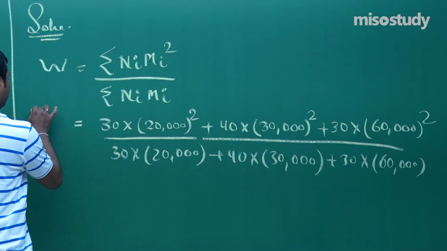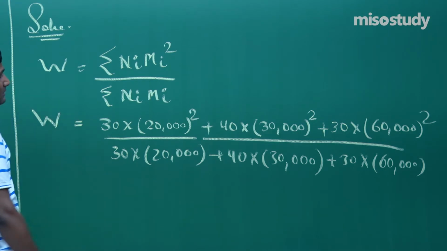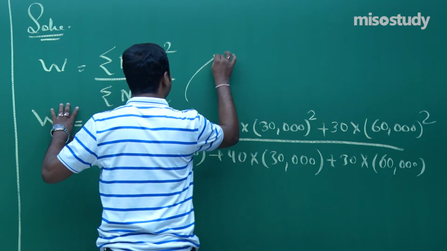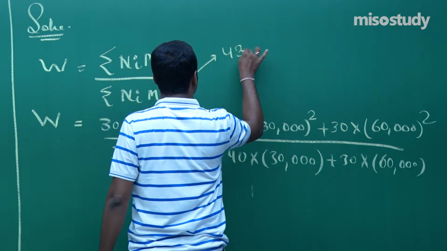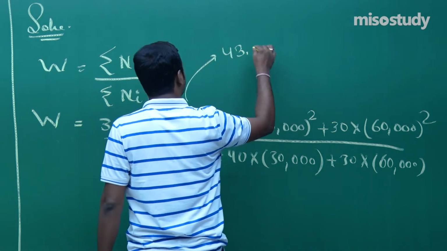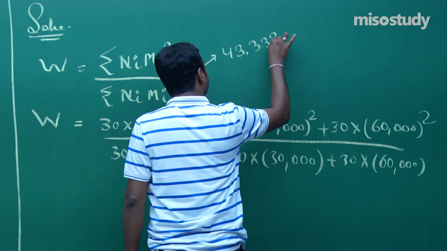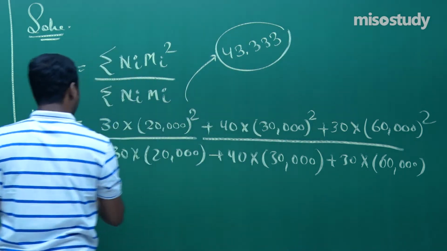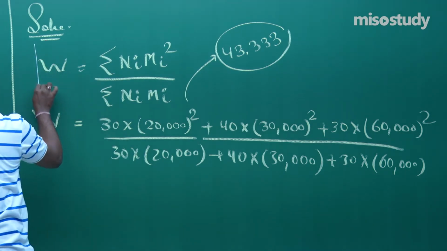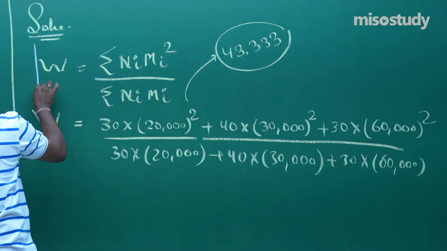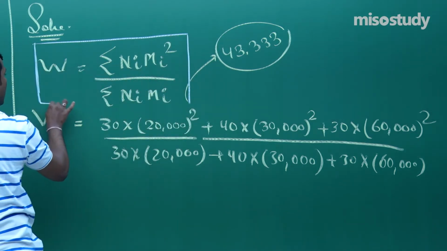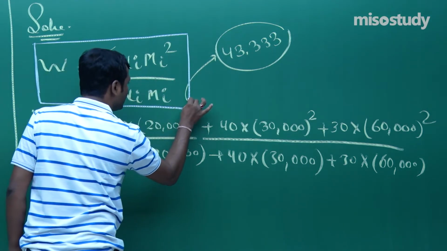If we solve this complete form, the value we get is around 43,000, that is 43,333. So this is the formula for such kinds of questions. If you remember this formula, you can easily solve such questions.